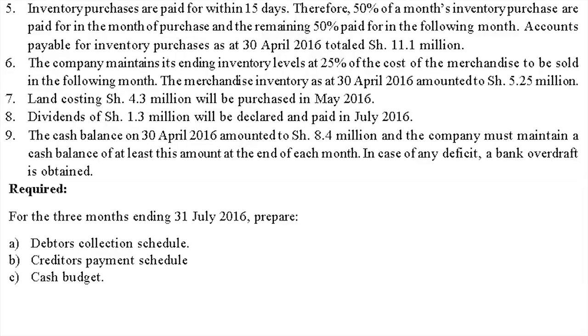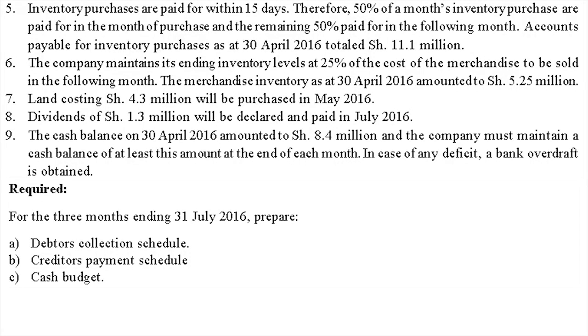Number 8, dividends of shillings 1.3 million will be declared and paid in the month of July 2016. And number 9, the cash balance on 30th of April 2016 amounted to shillings 8.4 million, and the company must maintain a cash balance of at least this amount at the end of each month. In case of any deficit, a bank overdraft is obtained.